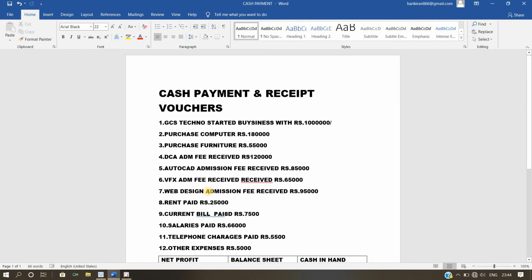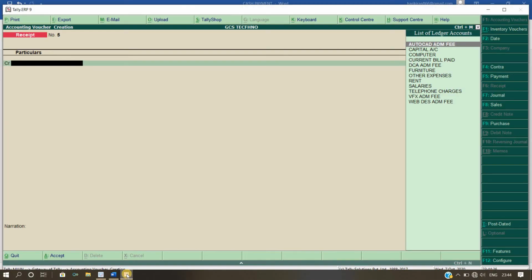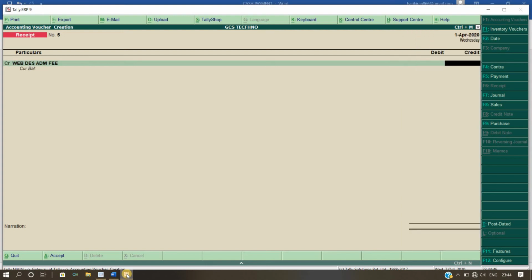And next one is web design admission fee received of amount 95,000, right? And this is also in receipt voucher only, friends. Web design admission fee of amount 95,000.